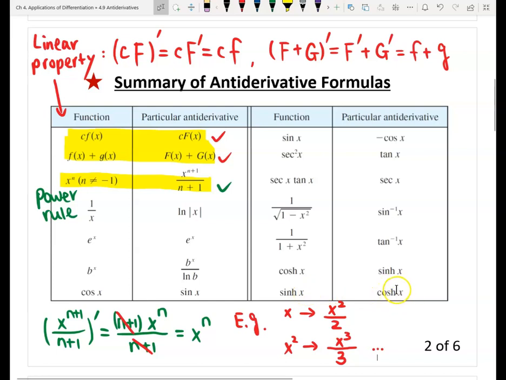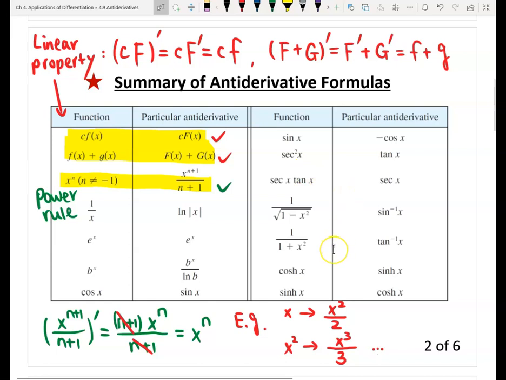Therefore, hyperbolic cosine is a particular antiderivative of hyperbolic sine. Imagine we have other hyperbolic functions, right? And we also have other inverse hyperbolic function formulas, okay? So you can put everything together to make a big table for yourself. And these are all the formulas. See, look, it's nothing new. Just go backwards from differentiation, okay? So we have all these formulas.